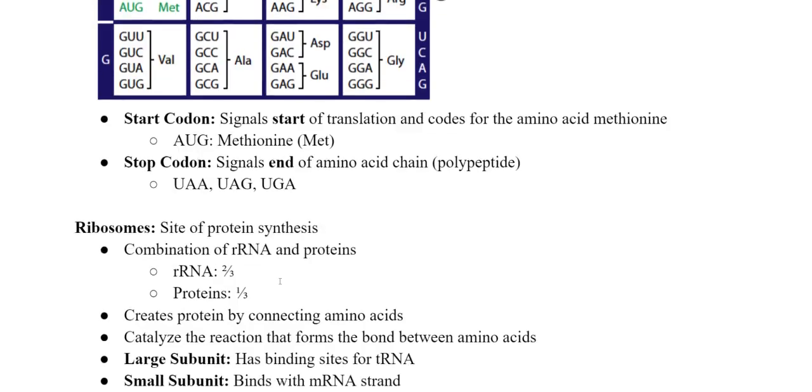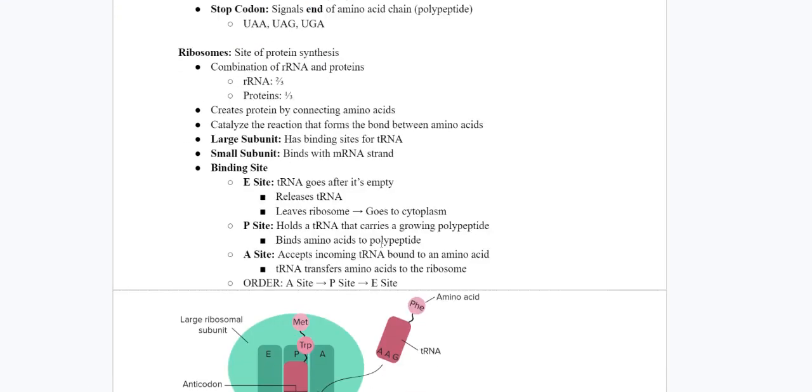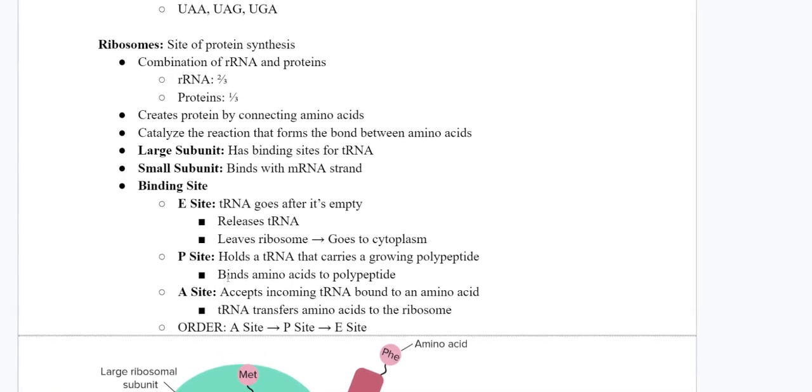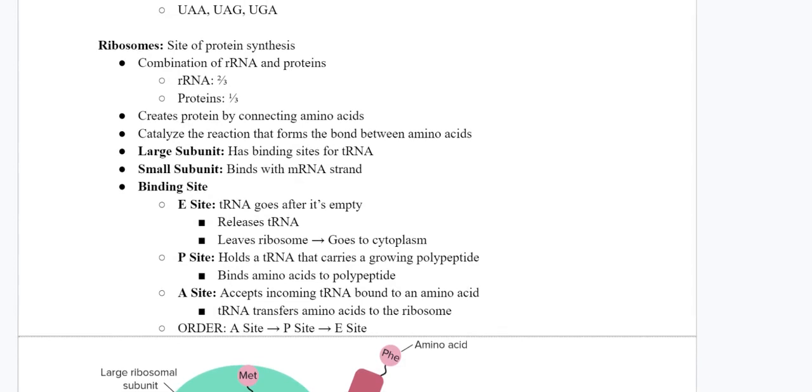Let's go. Okay. Next, ribosomes. I told you we're going to go more deeply into ribosomes later, and that later is now. So, what is a ribosome? It's the place of protein synthesis. So it makes proteins. It's a factory, like I told you. Ribosomes are made up of rRNA and proteins combined together.